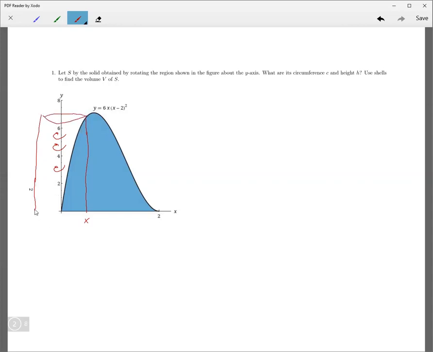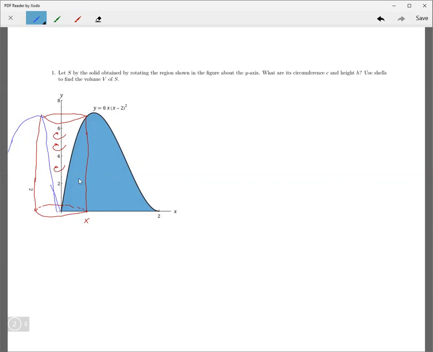Okay, so I'm just kind of trying to do a rough sketch to help you understand what's going on here. Of course, the whole region is being rotated about that, so it's actually going to end up being a solid. And if we were to integrate in the y direction, we would have washers.